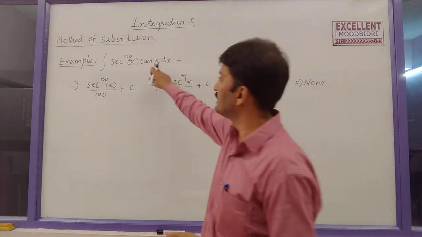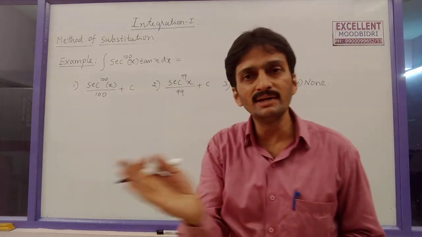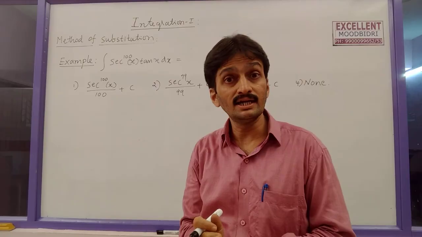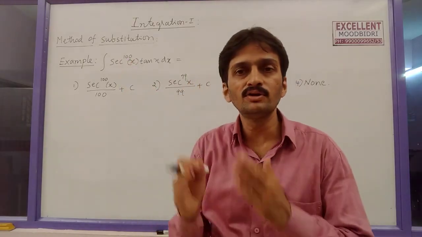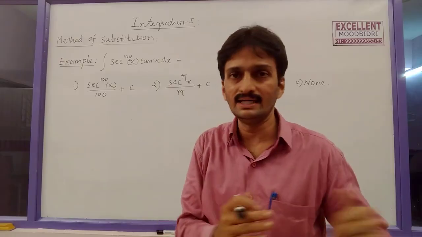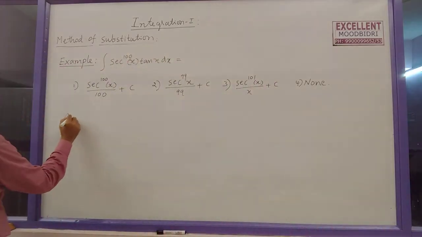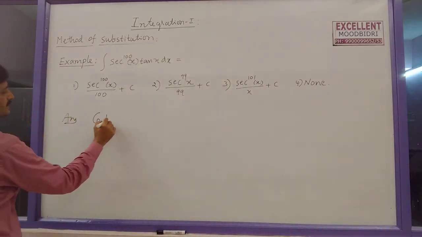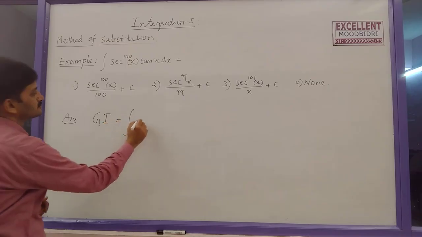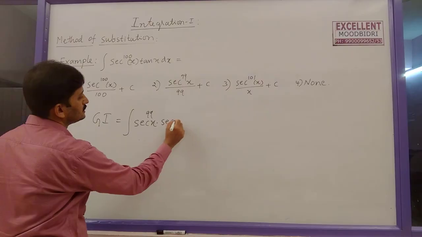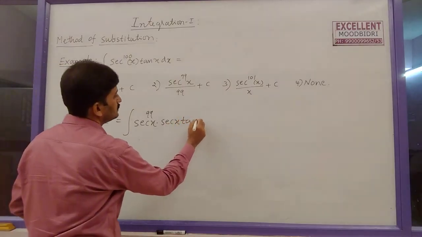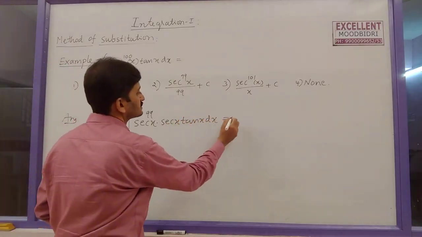So here you have only tan x. So one secant x can be liberated from secant x power 100, correct? So secant x power 100 can be written as secant x power 99 into secant x. So the given integral can be written as secant x power 99 into secant x into tan x dx, correct now?